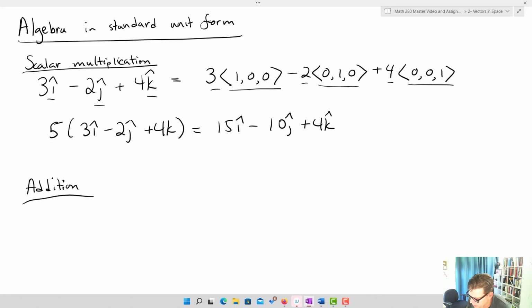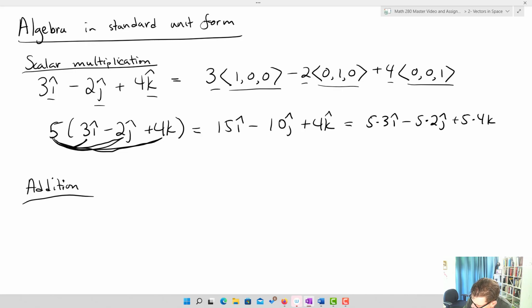Essentially, all we're going to do is multiply by these scalars. And that's actually the distributive property, okay? Since we're multiplying a scalar times a scalar, you can distribute the scalars. So if you wanted to rewrite this, this is essentially 5 times 3i minus 5 times 2j plus 5 times 4k, and there you go. That's exactly what's happening here.